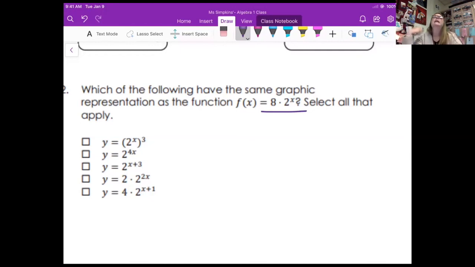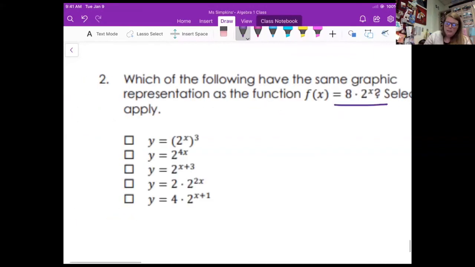So again, if you only see one possible answer, at least mark a different one so that you give yourself a chance of getting it correct, okay? Because when I was looking at the Algebra Nation stuff, some people got them wrong because they answered a select all that apply with one answer. That's frustrating for me, okay?